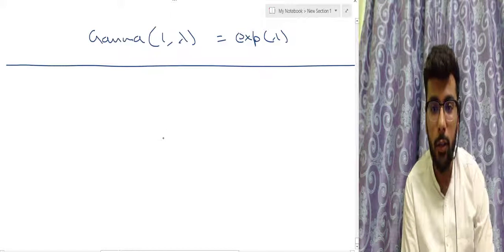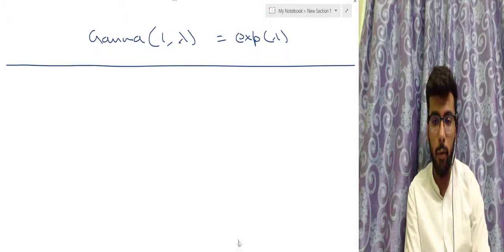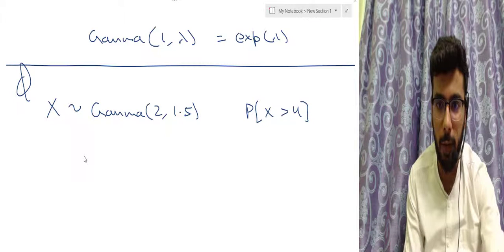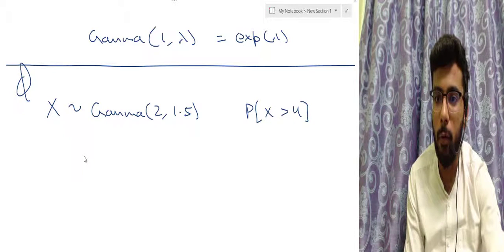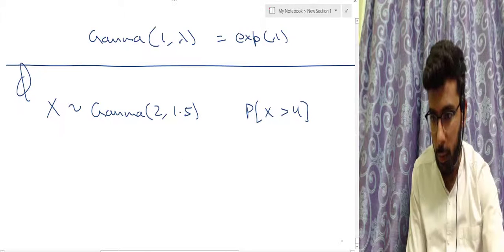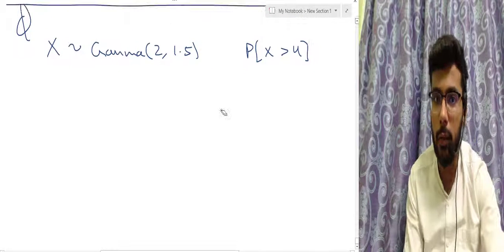Now I will move on to calculating the probabilities of the gamma distribution. This is a book question. It says x follows gamma 2 comma 1.5 distribution. Calculate the probability that x is greater than 4. Now there are two methods of doing it. I'll go to the more obvious method first, and then the method to be discussed after that.